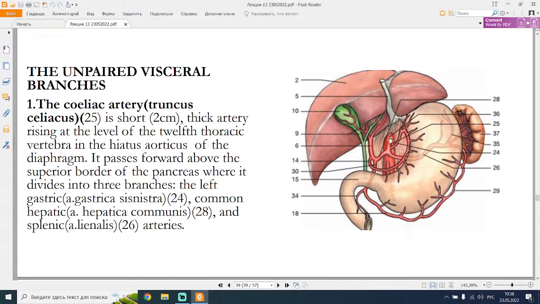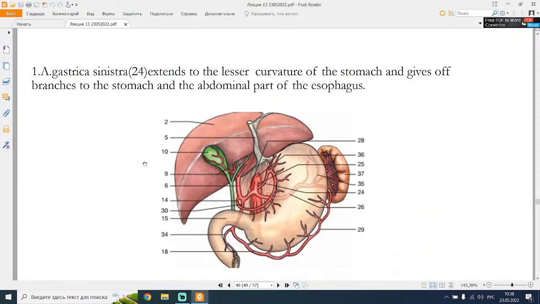This is truncus celiacus, 3 branches: arteria gastrica sinistra, arteria hepatica communis, arteria lienalis. Arteria gastrica sinistra extends to the lesser curvature of the stomach and gives off branches to the stomach. And the abdominal part, this is esophagus.